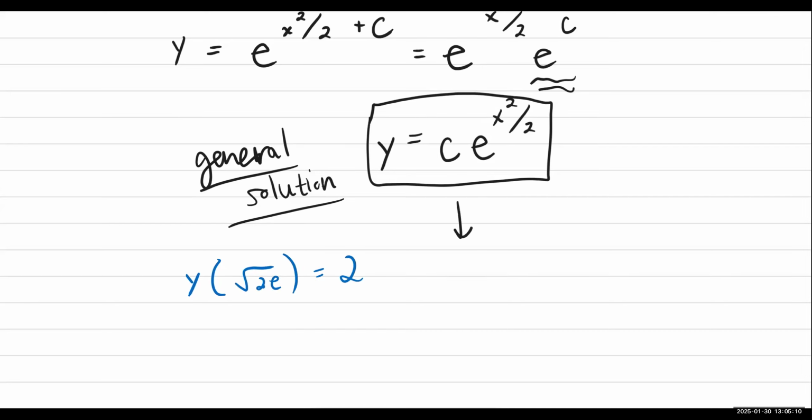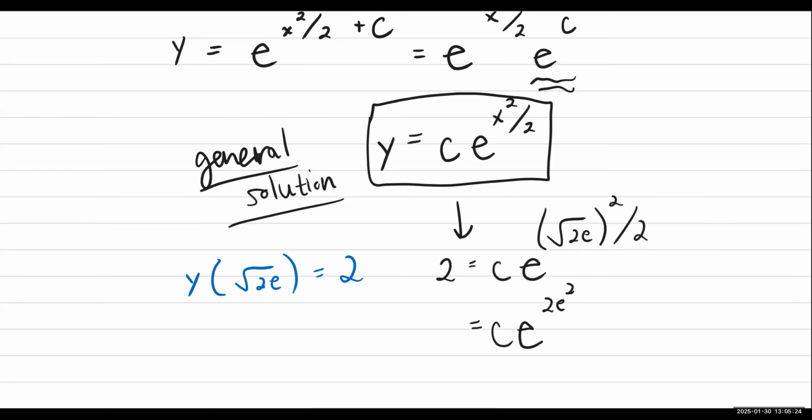That tells me I can rewrite this as 2 equals c e to the power of root 2e squared over 2. Simplify that down, I get 2e squared over 2. And simplify further, c e to the e squared, lots of exponents.